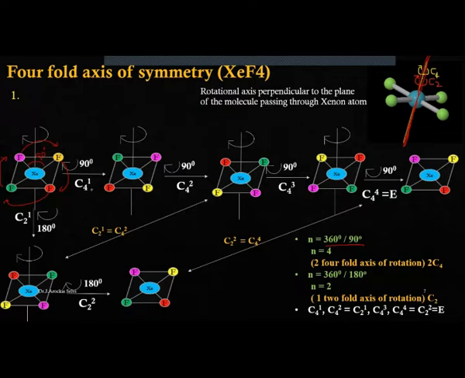So one time it is rotated. Again, the second time it is rotated, we get an indistinguishable configuration. The third time it is rotated, again we get an indistinguishable configuration. Then for the fourth time, 4 into 90, what do you get? It will be 360.